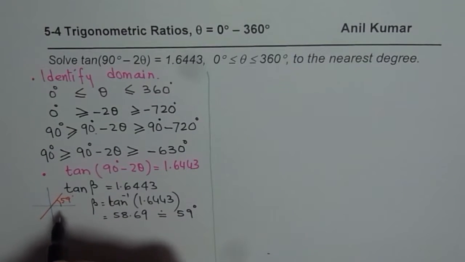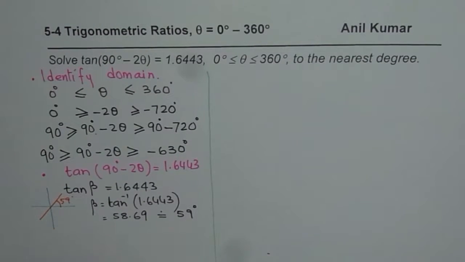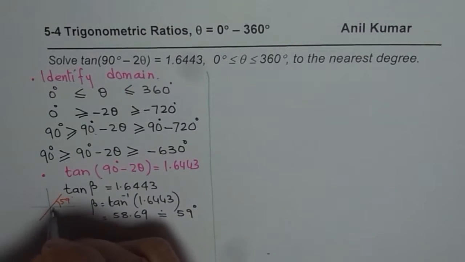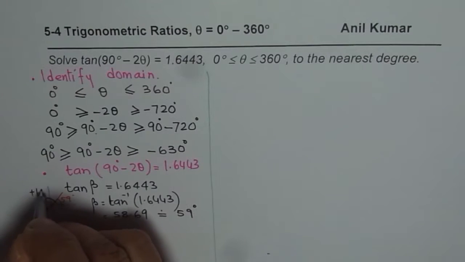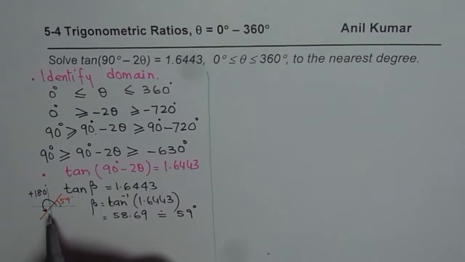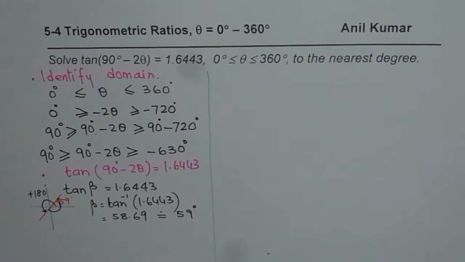We could get 59 degrees as one of the solutions, and every time you add 180 degrees, you land up with a solution in these quadrants. So all additions of 180 degrees should give you possible values of the angle. Do you understand?